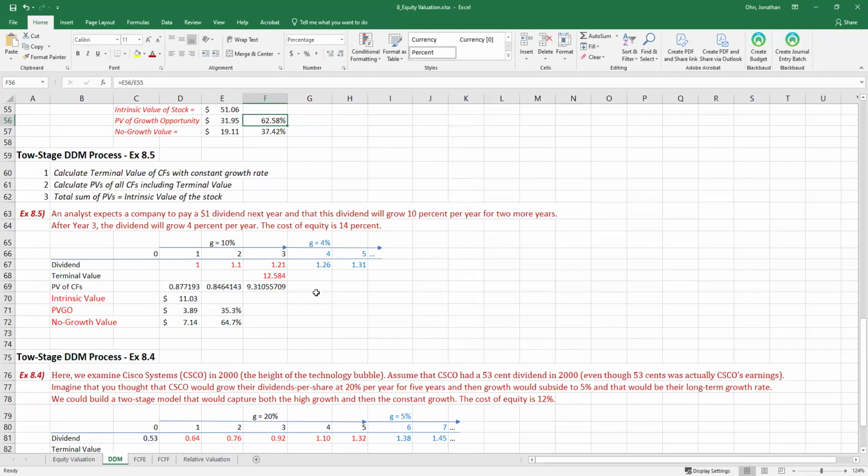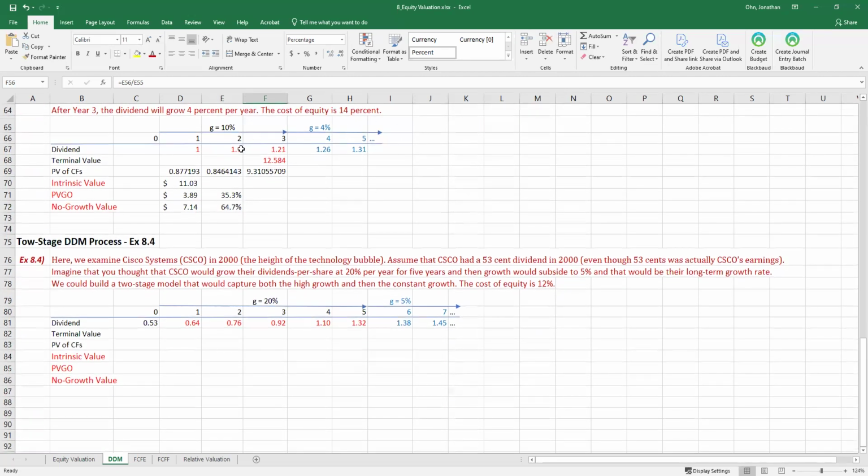All right. We apply exactly the same approach to this one here. This one is like a case study in our textbook. So let's do it. Cisco is a real company. Cisco in 2000 paid a 53 cent dividend.